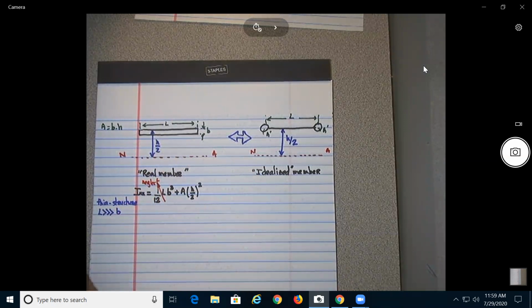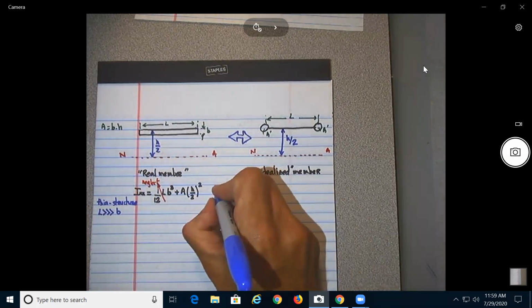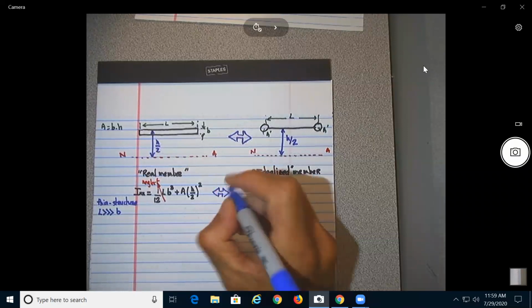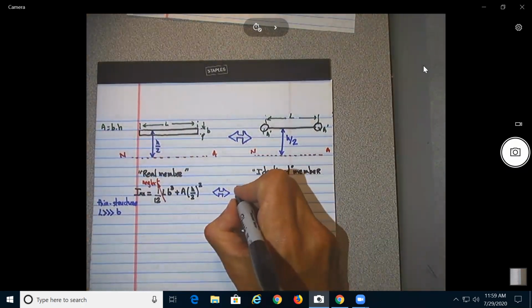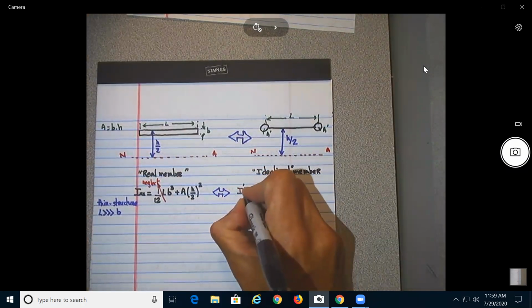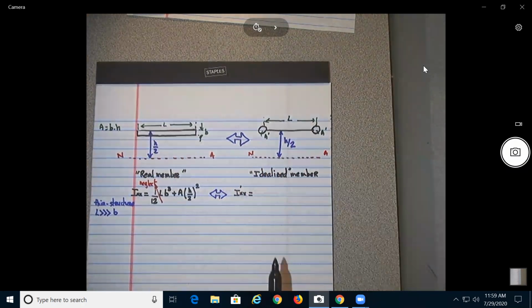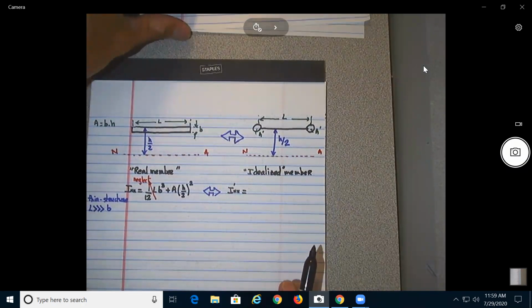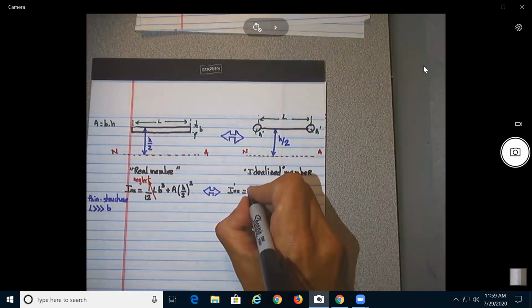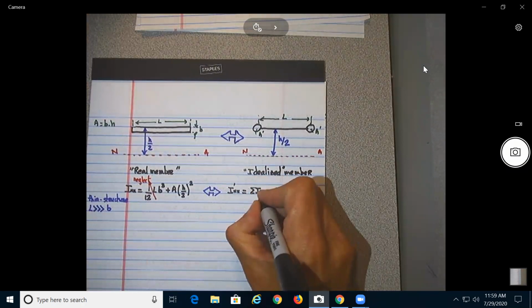All right. So we do the same thing as before. Now, what would be the I prime XX for the idealized structure? Same as before, it would be the summation of the two.